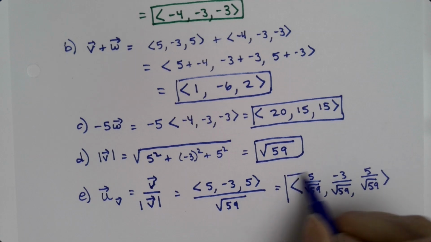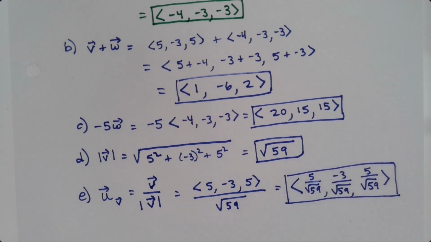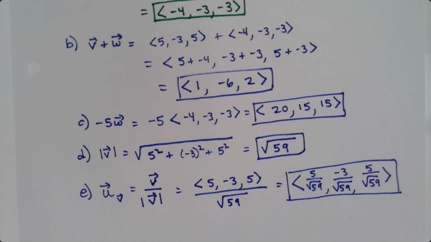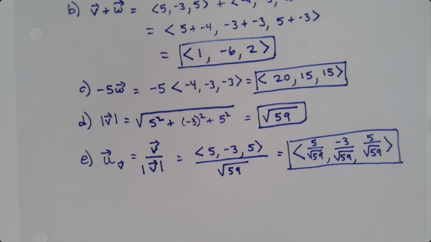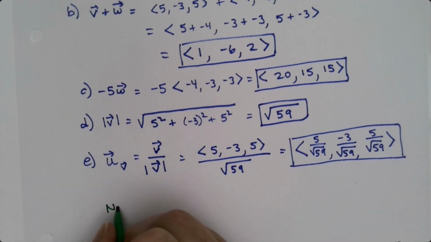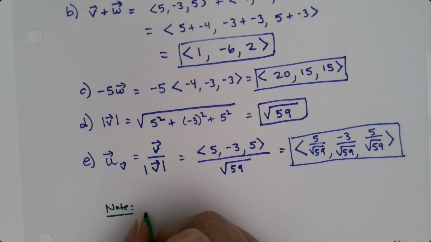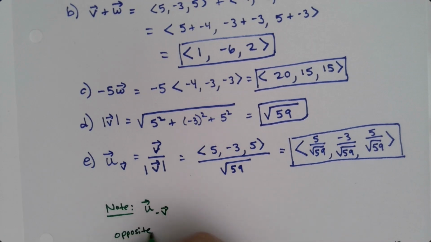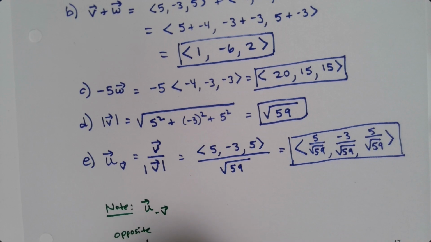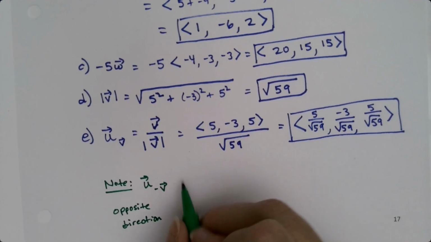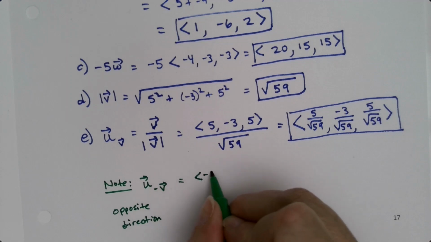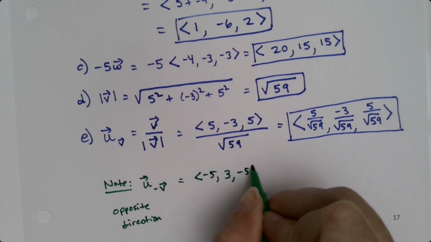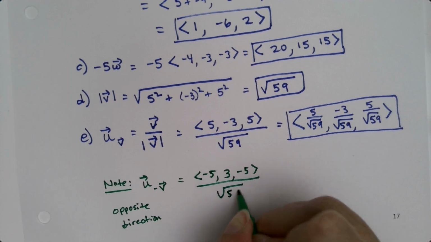Now, interestingly enough, the problem said specifically it had to be in the same direction as V, and we did that. If you want to go in the opposite direction, let me just make a note. If you wanted the opposite direction, it'd be the unit vector of negative V. And that would have been -5, +3, -5 over the square root of 59.